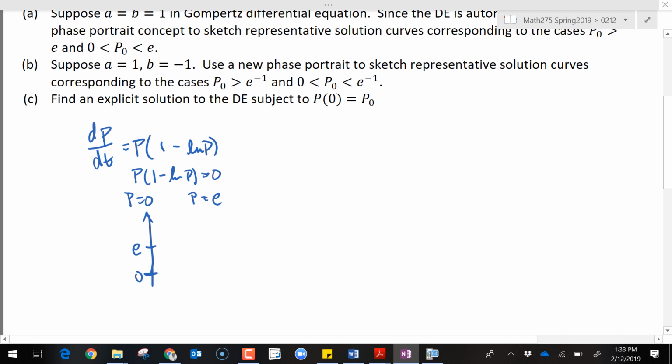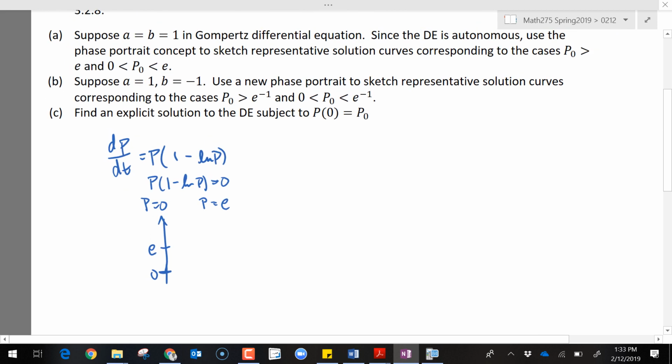And then if you do the phase portrait, let's not bother with anything less than 0. They just want bigger than e or between 0 and e. So if this is bigger than e, like 2e, 2 times e is bigger than e, right? We have 1 minus something that's bigger than 1, so this is going to be a negative. So this is a positive times a negative, which is going to be a negative.